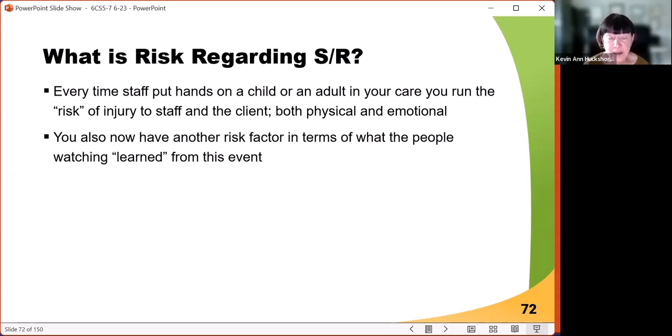I can't tell you how many times I've done rounds after a seclusion or restraint event, which often can look extremely violent, and found that everybody standing around missed the first part. So they have no idea what just happened. And all they saw was that a bunch of staff grabbed a patient and made them do something they didn't want to do. And it was done with violence. If we saw something like that on the street, we would think that was an assault.